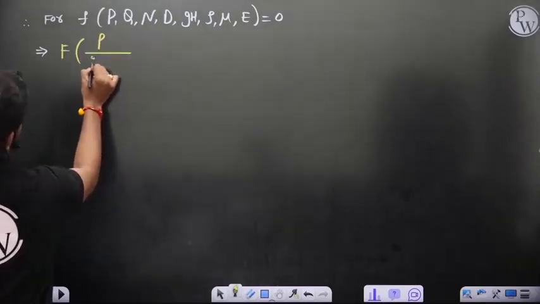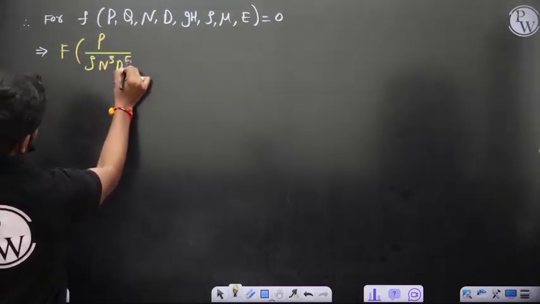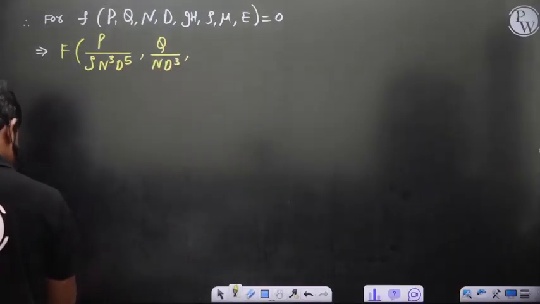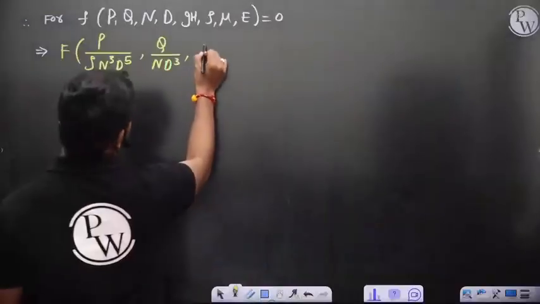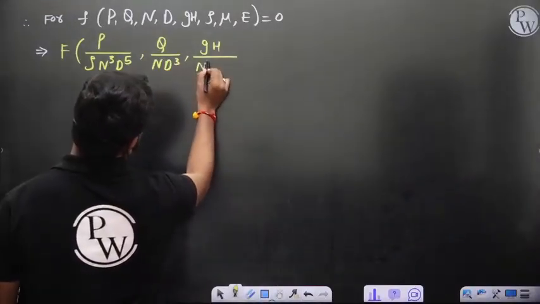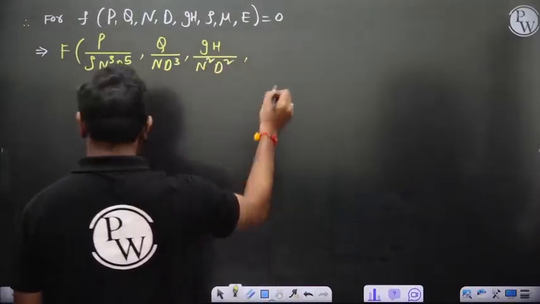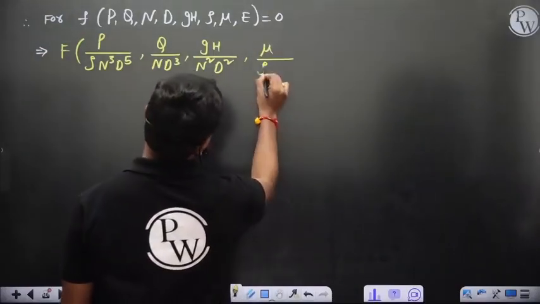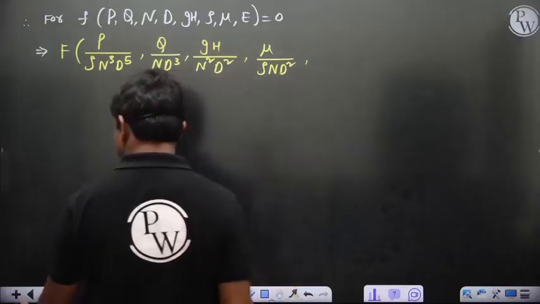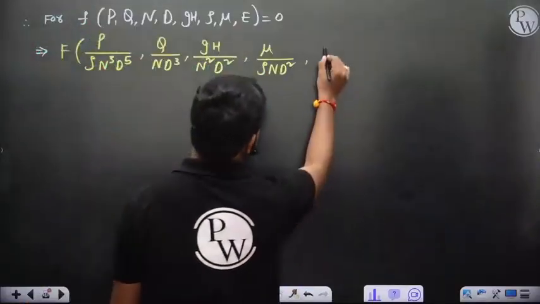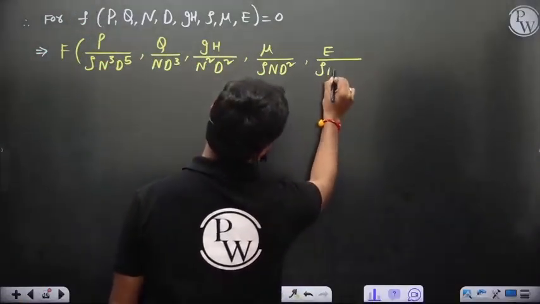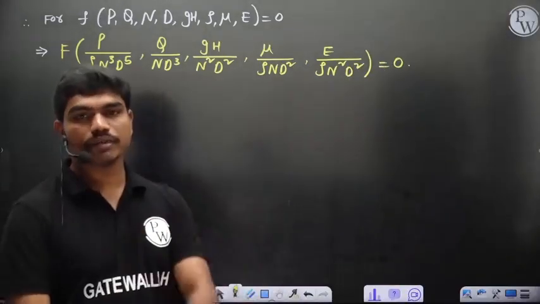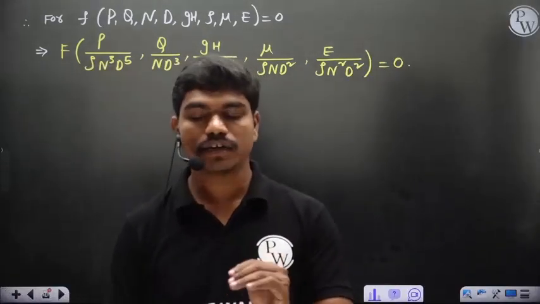P by rho n cube d power 5, correct, q by n d cube. Then third term, what is the third pi term? Gh by n square d square. Then fourth is something like mu by rho n d square. And what is the fifth? E by rho n square d square is equal to 0. So we have reduced this to 5 dimensionless terms actually, which is 5 pi terms actually.